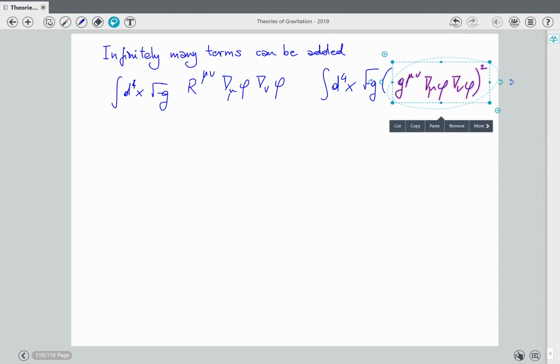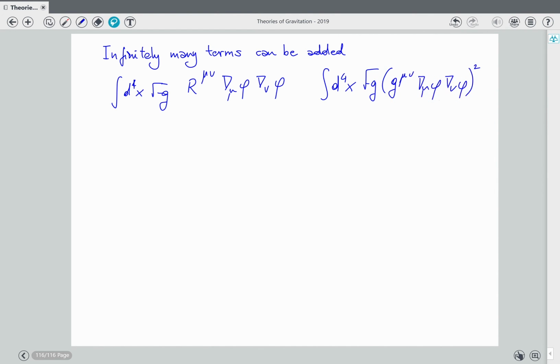So what is the right action of a scalar field? Well, we just do not know. I mean, the physics should determine the right action. We will see what will determine the right action, but for the moment we do not know.